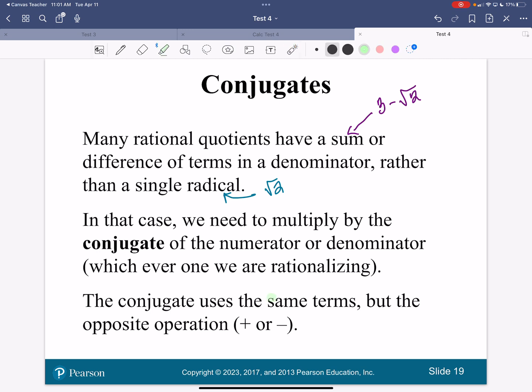Same terms, opposite operation. So if I've got 3 plus the square root of 2, I've got to multiply that times 3 minus the square root of 2. This right here has got to be opposite.